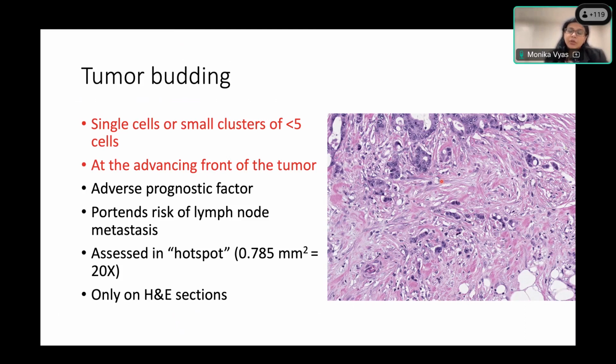If you have a keratin stain done for some other reason, you might be tempted to look at that and count tumor buds there. But that is not how the prognostic studies were done. So we have to follow the methodology that was followed in these studies. So we only do the count on H&E stained sections and do not use any immunohistochemical methods to aid the counting.